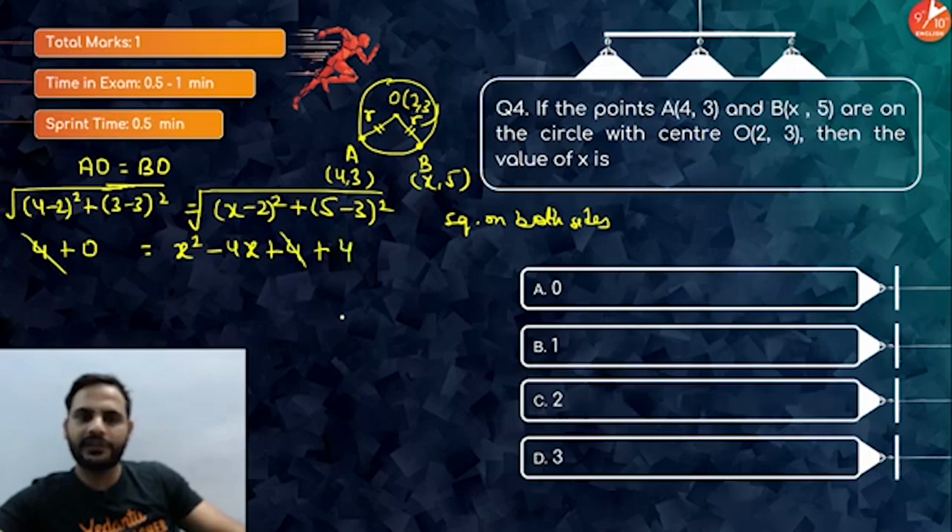This got cancelled with this, so we are left with x square minus 4x plus 4 equal to 0.